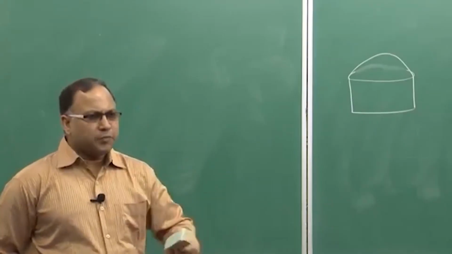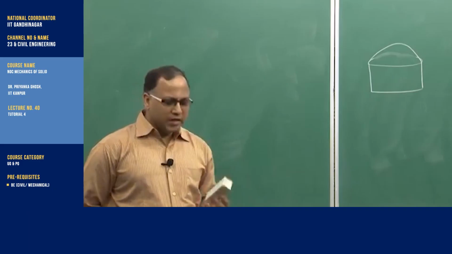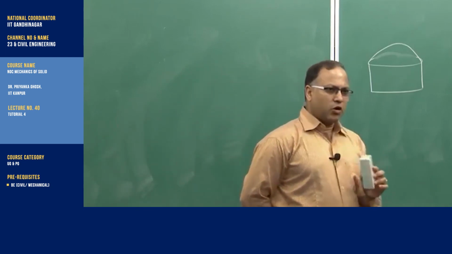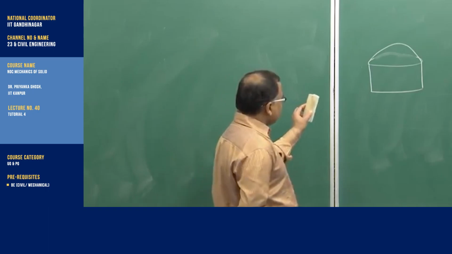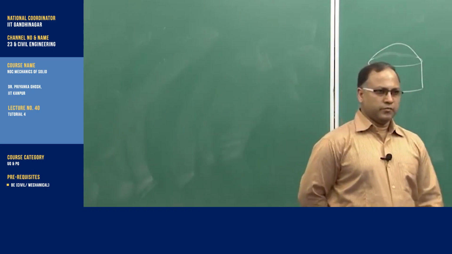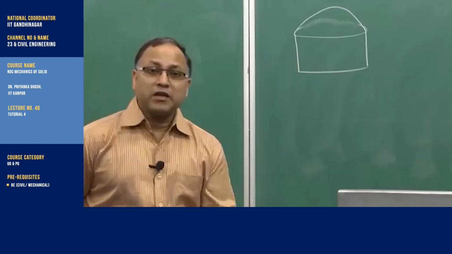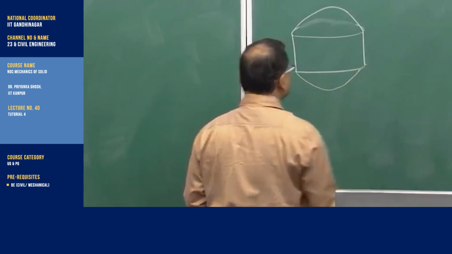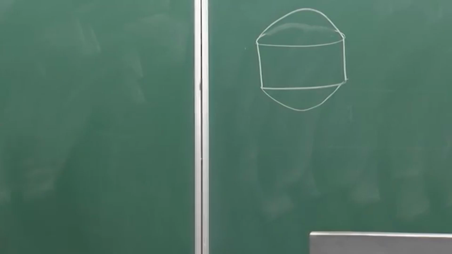Let's say, suppose, I do not know what kind of shape it will take, we are just assuming that after the application of the twist or the torsional moment, this surface is getting bulged out. So, therefore, to satisfy the equilibrium condition, the lower part also should bulge out, is not it?